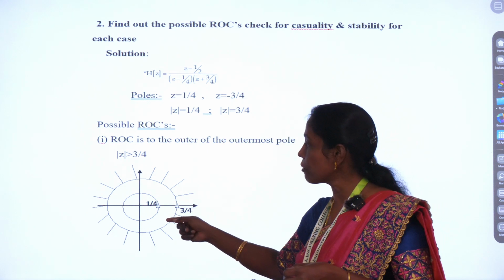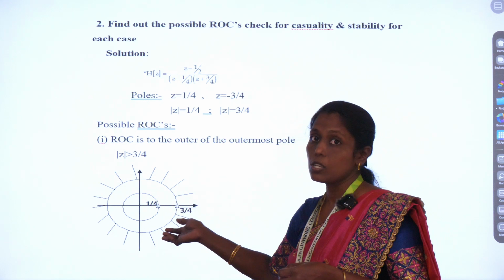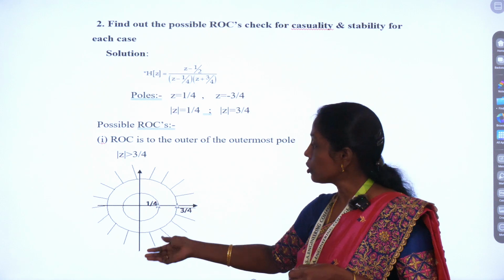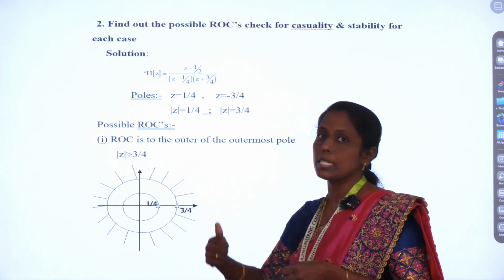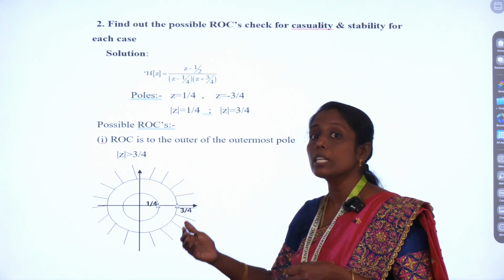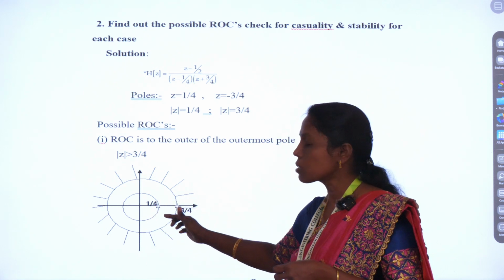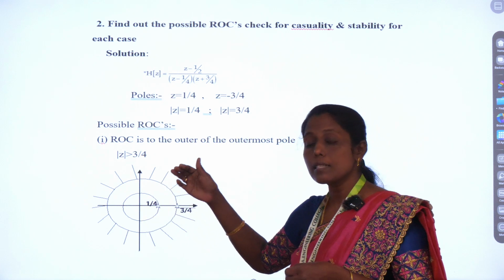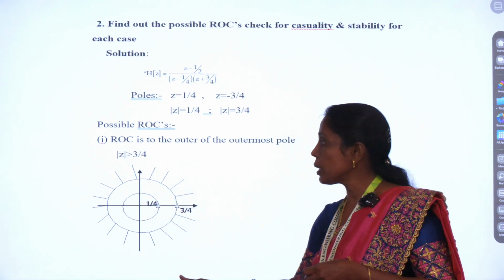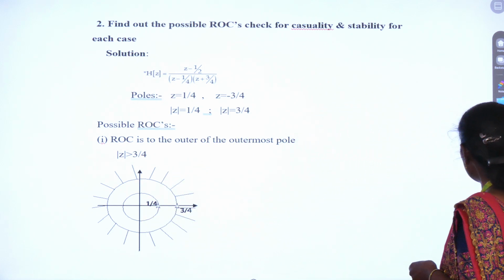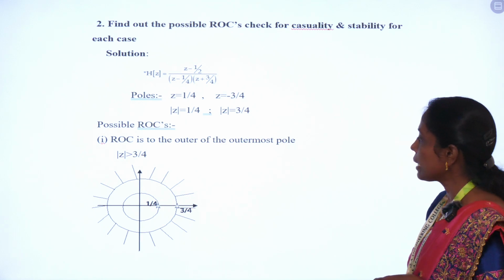Okay, now let us check for the stability condition. What is the stability condition? The ROC should include the unit circle, as well as these two poles should be smaller, that is less than 1. So let us see where our unit circle lies.